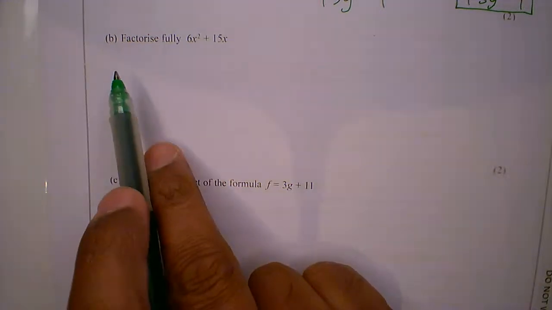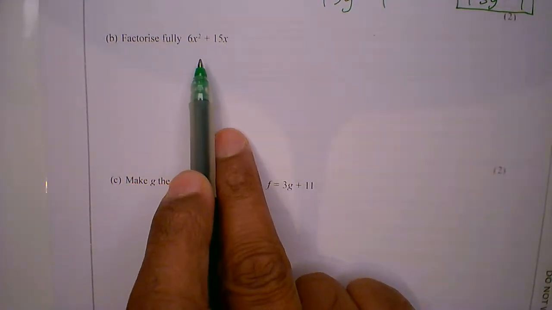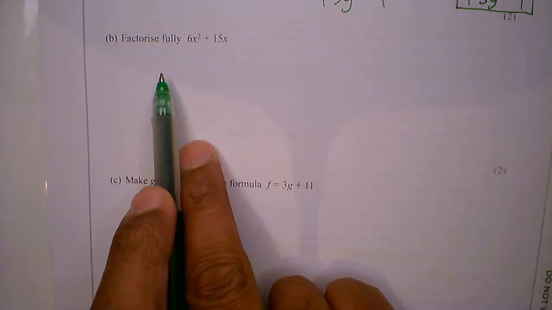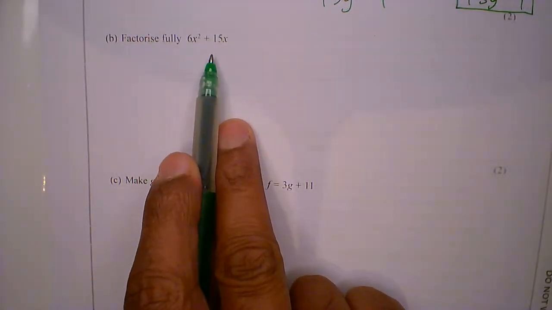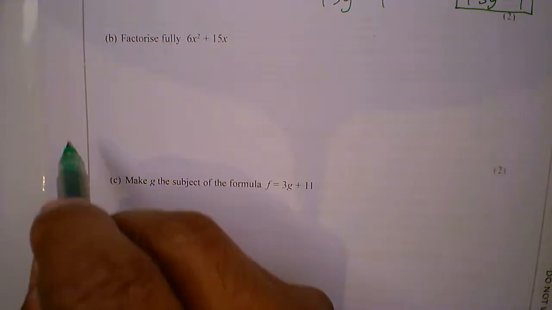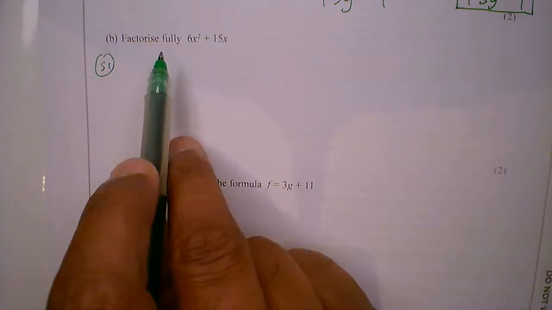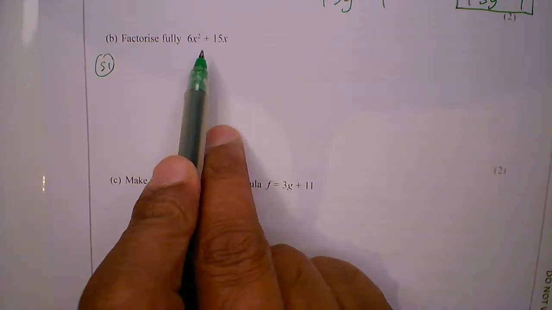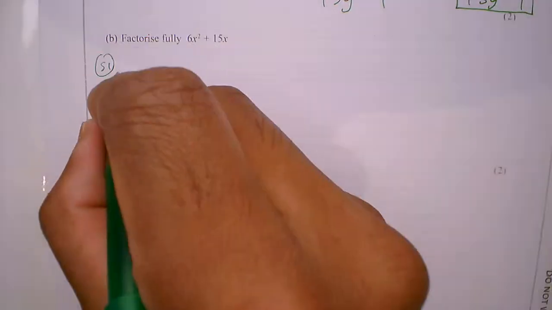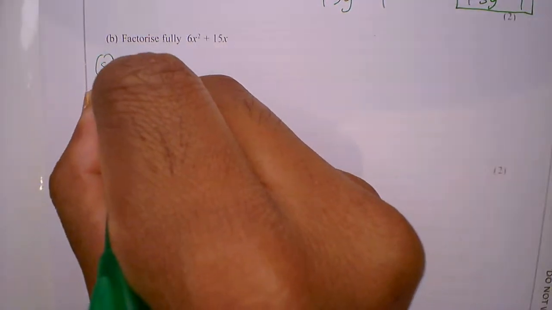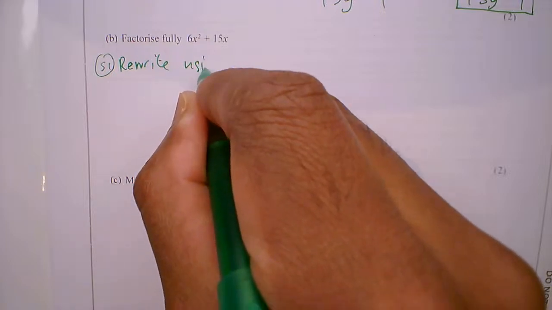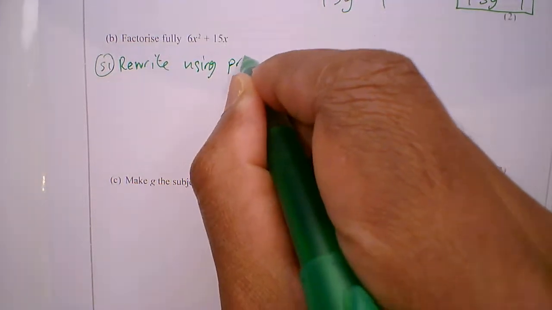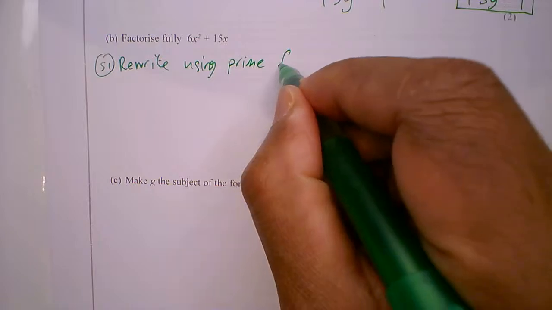Question 1b, factorize fully 6x squared plus 15x. So I am going to be looking for what goes into each term. Step 1, rewrite these using prime factors.